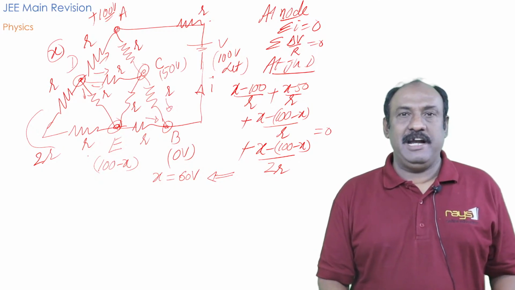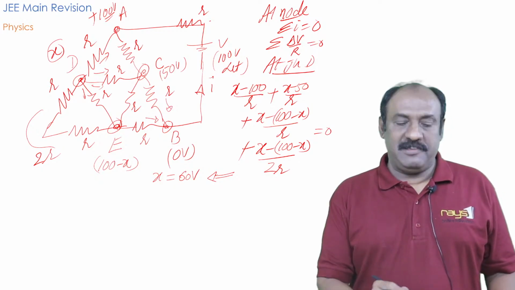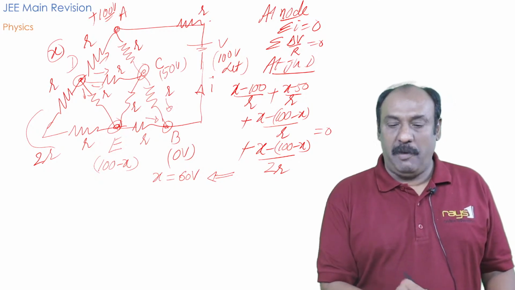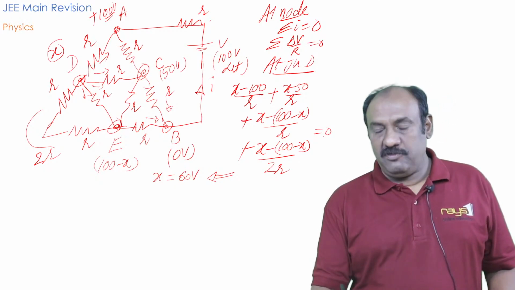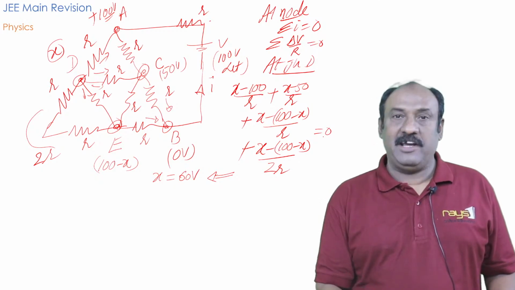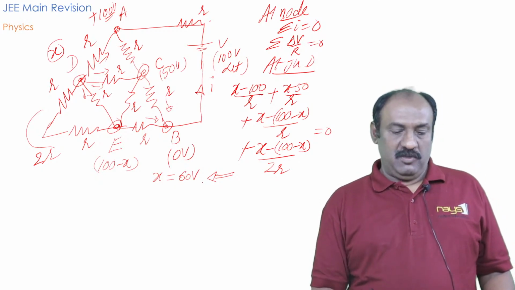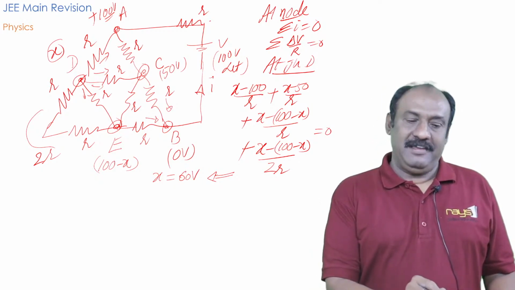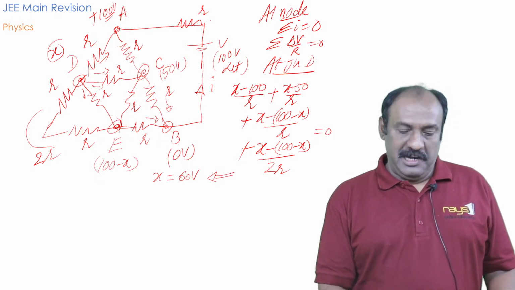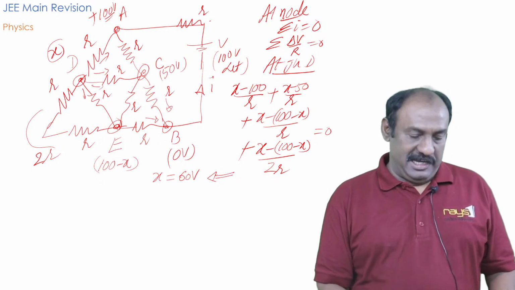Simply I calculated current as potential difference by resistance along the 4 paths and equated to 0. After calculation I got X equal to 60 volt. So potential at D is 60 volt, and potential at E I calculated as 40 volt.